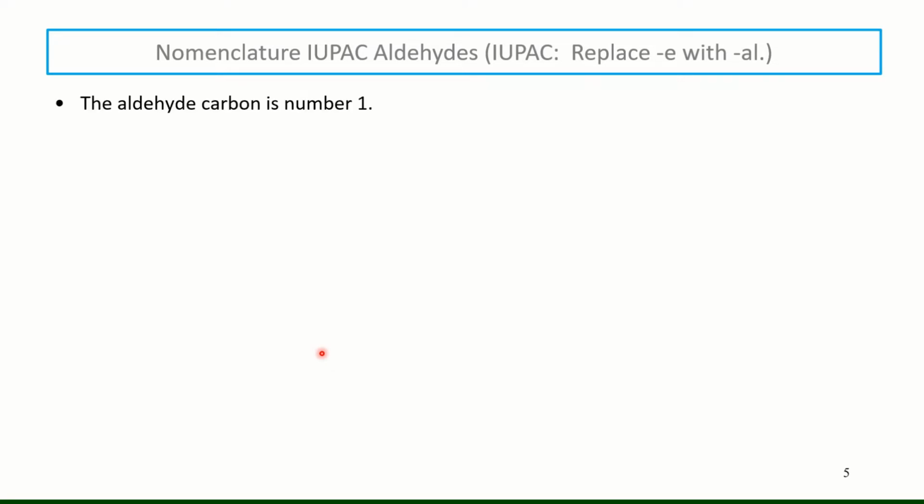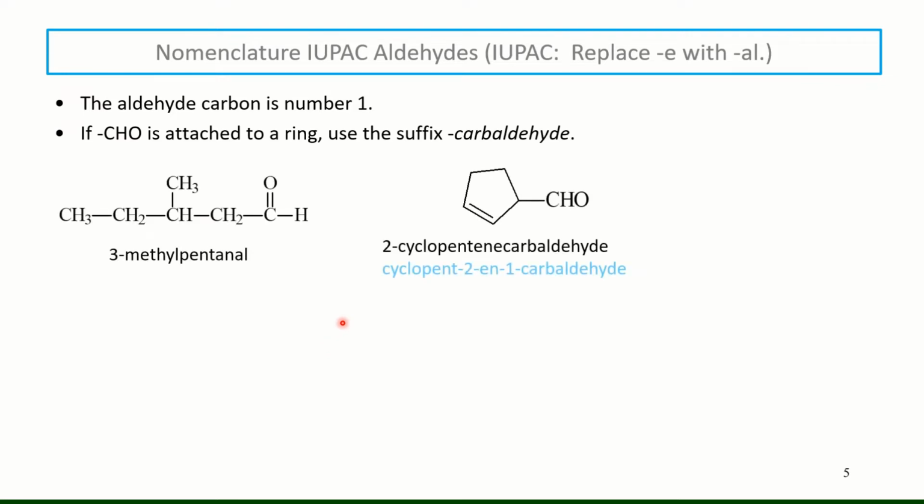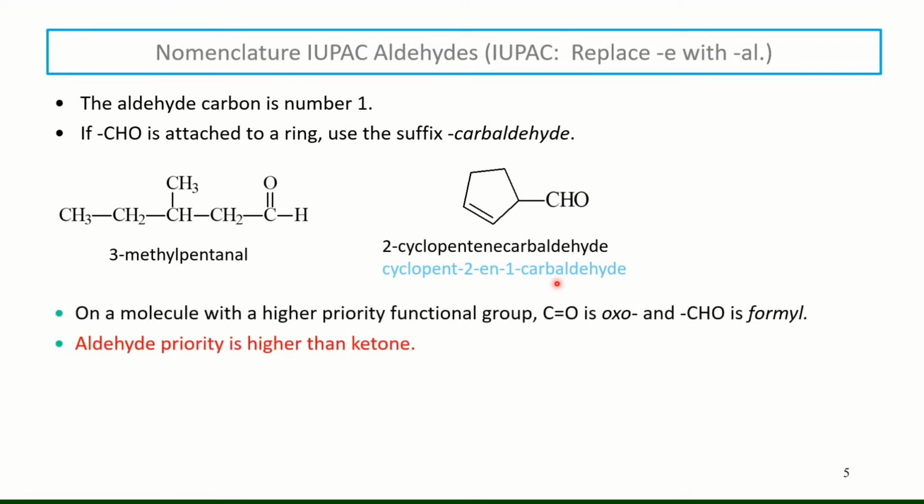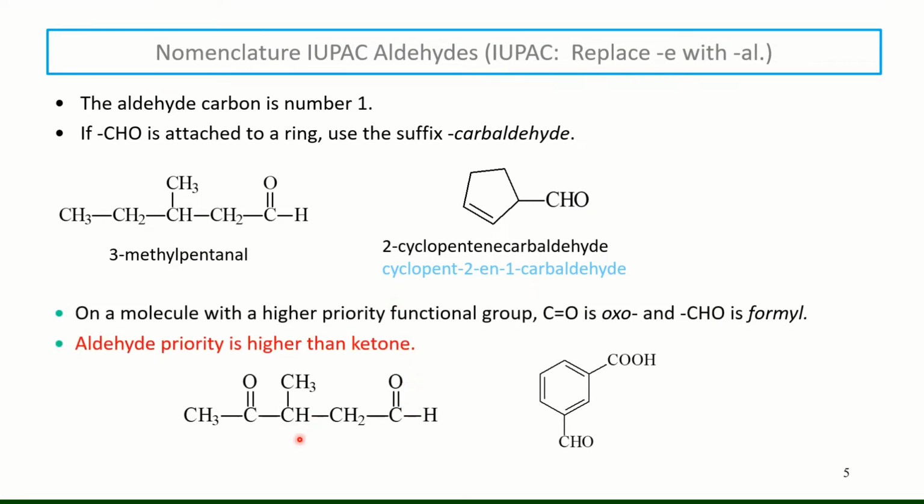And so you can see here we've got 3-methylpentanal, 1, 2, 3, and of course you can see the cyclopentene carbaldehyde. Here, for example, aldehydes always get priority over ketones because they are terminal, so of course it's carbon 1. So of course you can see that the ketone here is on 4.